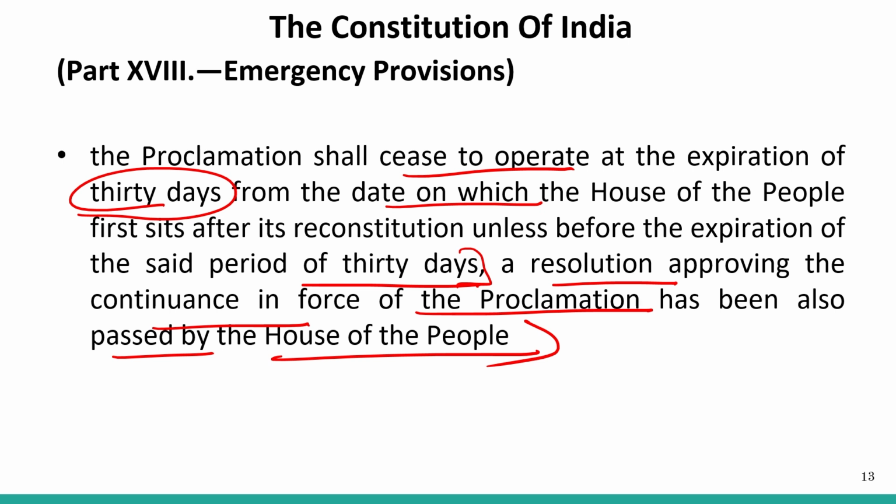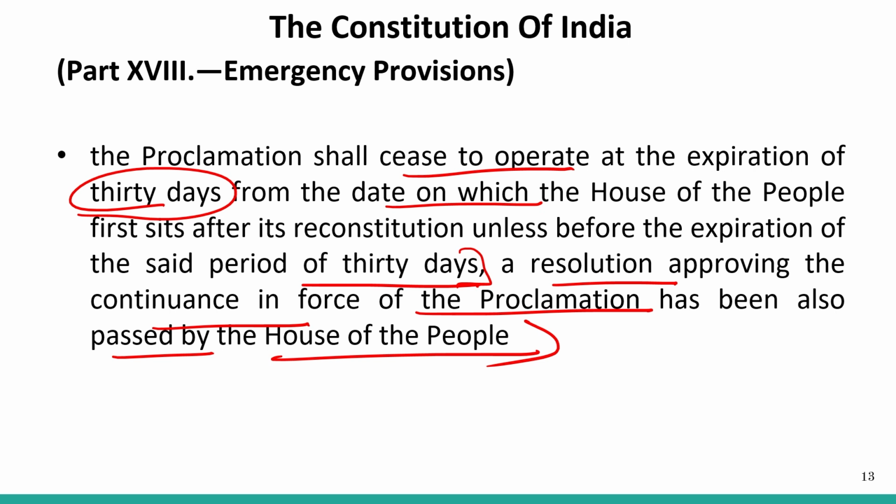If, after the issuance of the emergency, the Rajya Sabha approves it, saying okay, fine, an emergency should be proclaimed, but the Lok Sabha is not in motion, then since the Lok Sabha is not in motion, the emergency shall continue.